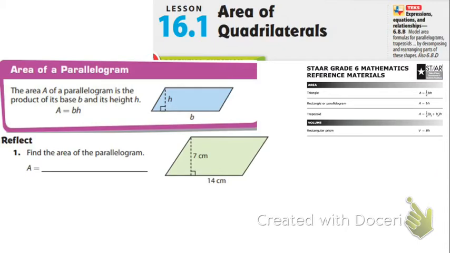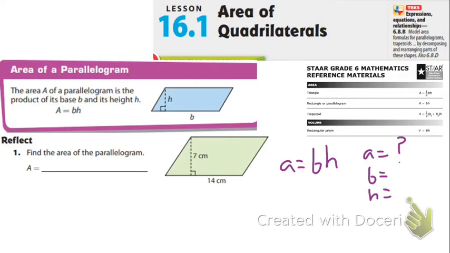Alrighty, so find the area of the parallelogram. I'd like for you all to go ahead and find the area of this parallelogram. We know it's a parallelogram. The formula is area equals base times height. Here, if we break it apart, area equals, base equals, height equals. We don't know the area, that's what they're asking us for.